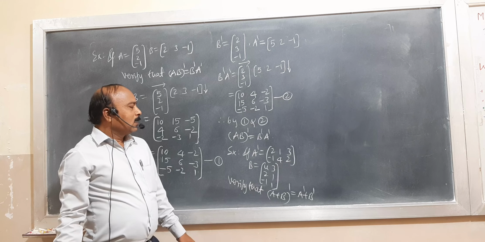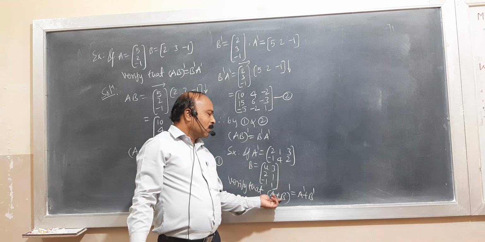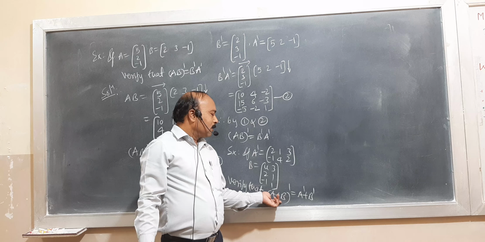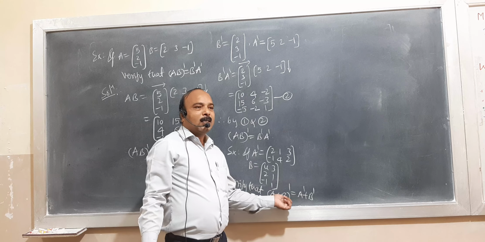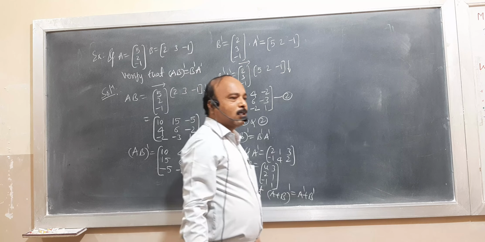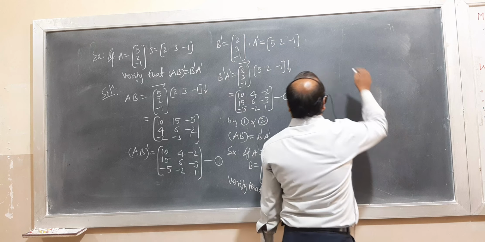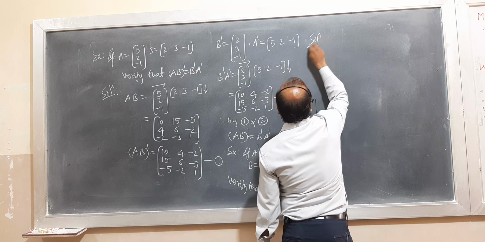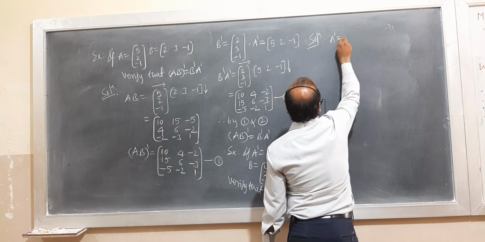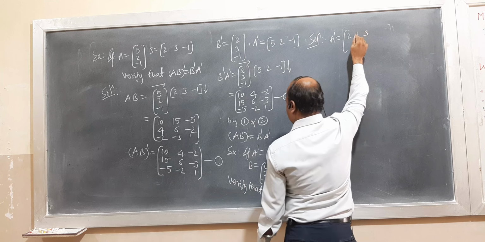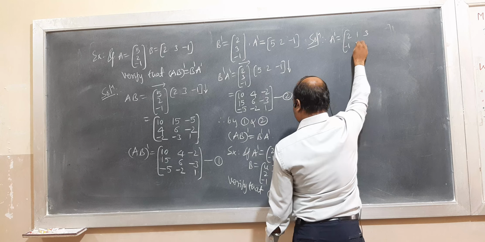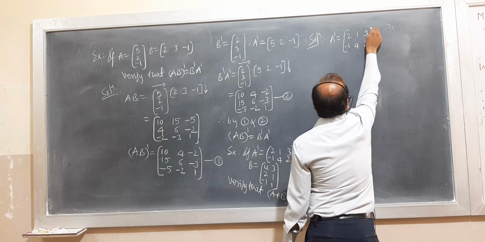Now, in the left hand side we want A plus B first. First we calculate matrix A, then we can take A plus B, after that the transpose of A plus B. Now they have given A' equal to 2, 1, 3, minus 1, 4, 2.